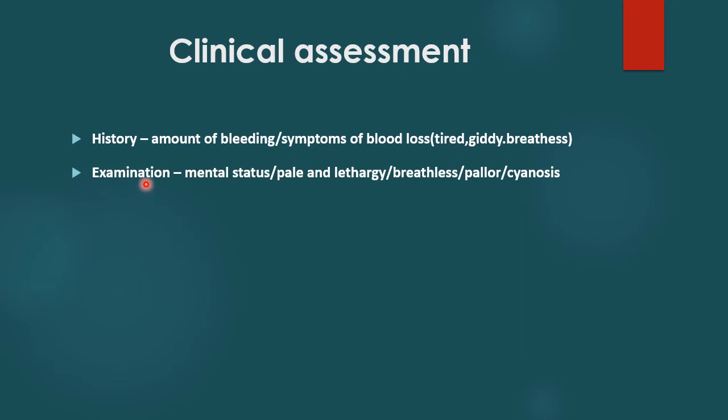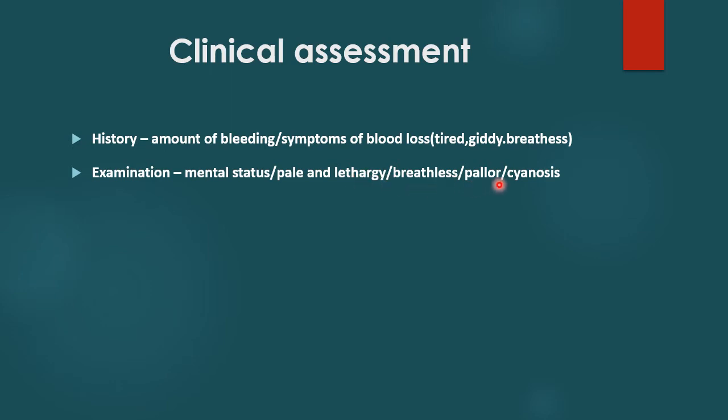Next, the physical examination. Again, it's very important to assess the mental status, especially restlessness and confusion. Pallor and lethargy are other important things to consider. The degree of pallor is very important.